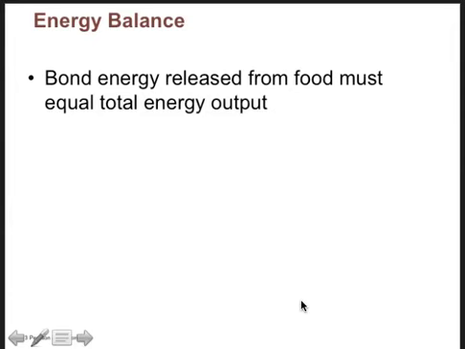So the bond energy is released from food, and this bond energy is used to synthesize other molecules in anabolic activity. It also generates heat, so it's a form of body heat, and it's also used to power cell activity. So bond energy released from food has to equal your total energy output.